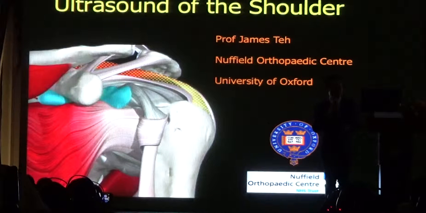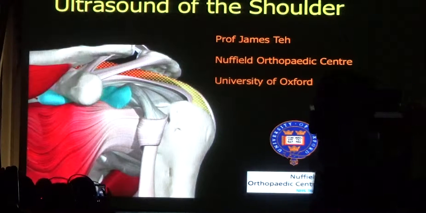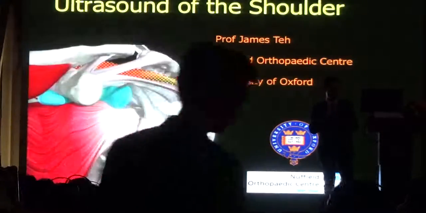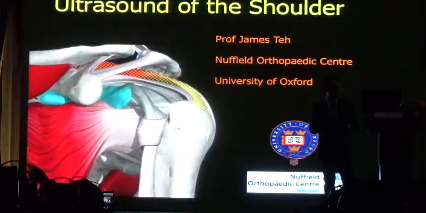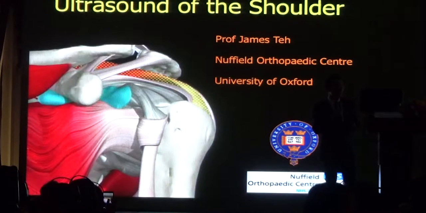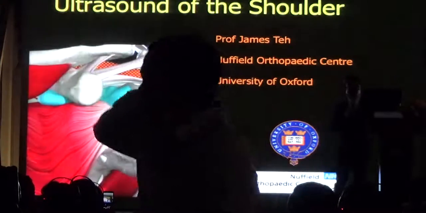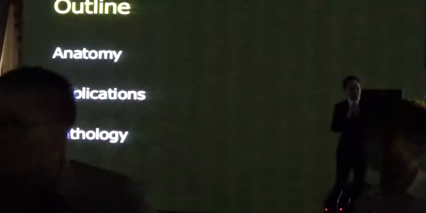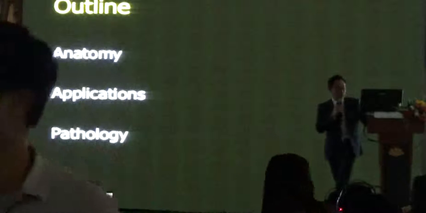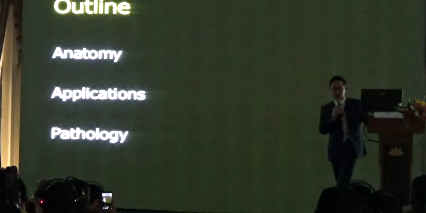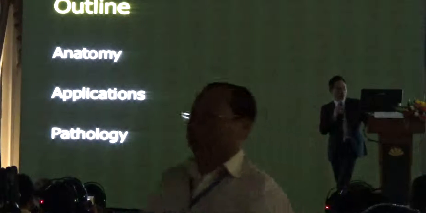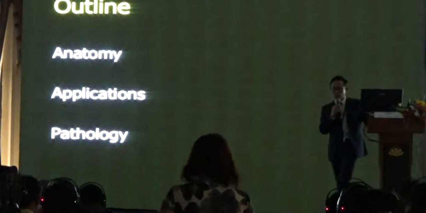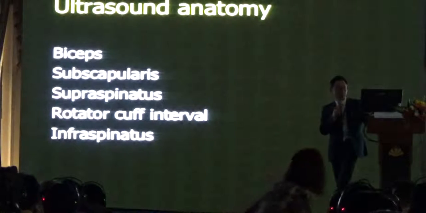The first lecture today is on ultrasound of the shoulder. What I'll be talking about in this lecture is the anatomy of the shoulder, various applications that we can use ultrasound of the shoulder for, and for pathology of the shoulder.